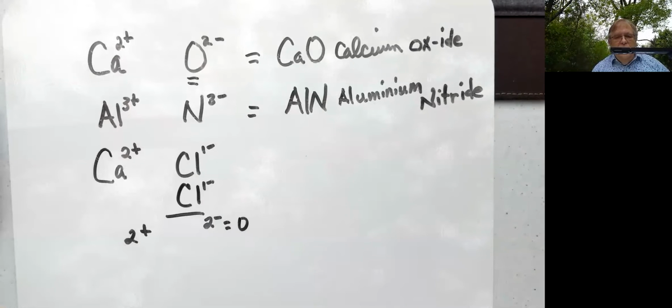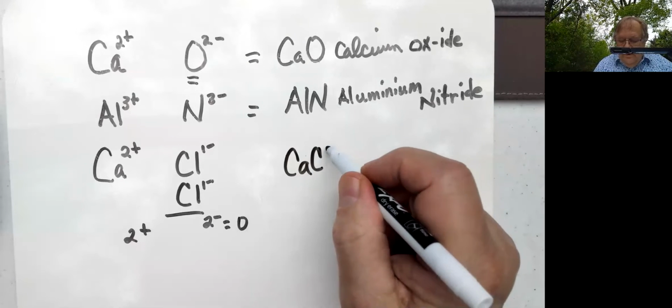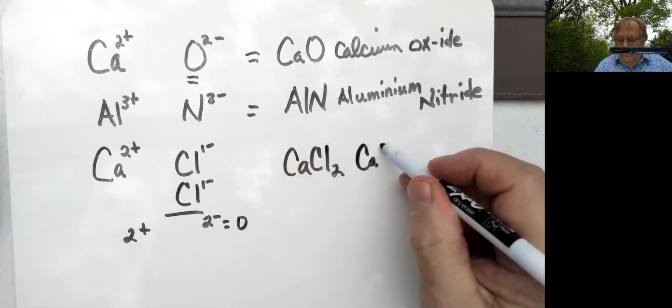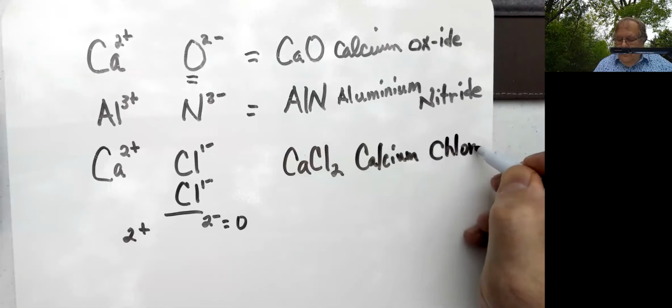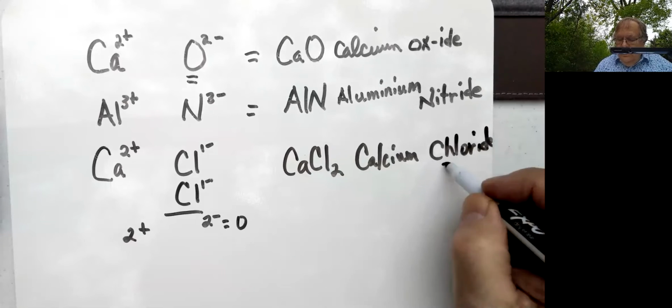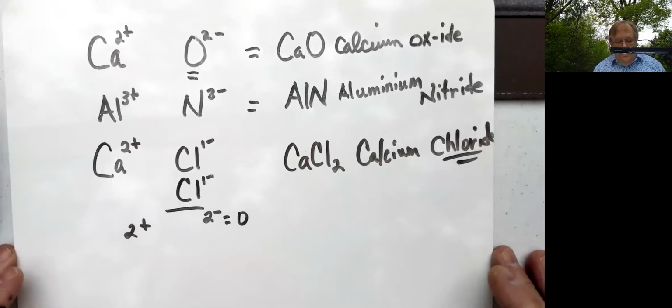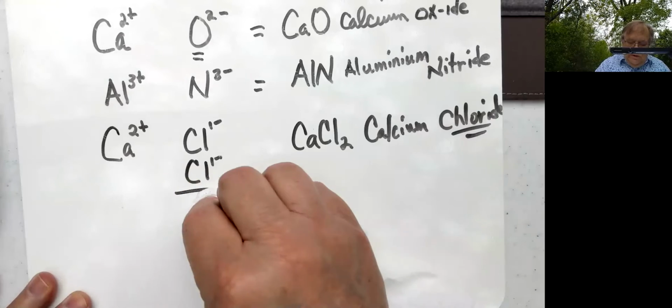And if one atom can't take both of them, then you have to bring in another atom to take up the slack. So this compound becomes calcium chloride. You can see the chlorine is the same in every compound. That's its compound name, chloride. All right, so that's one way to do it.